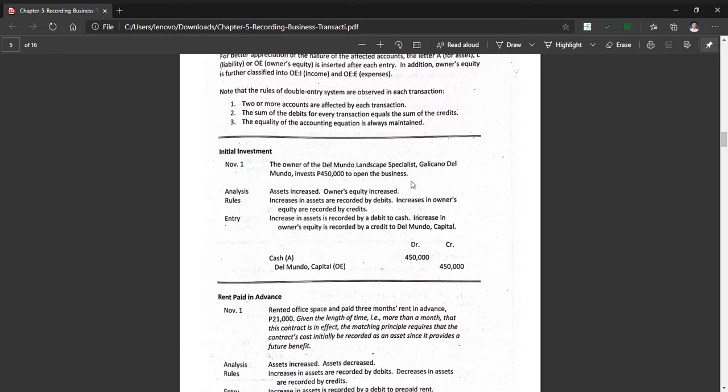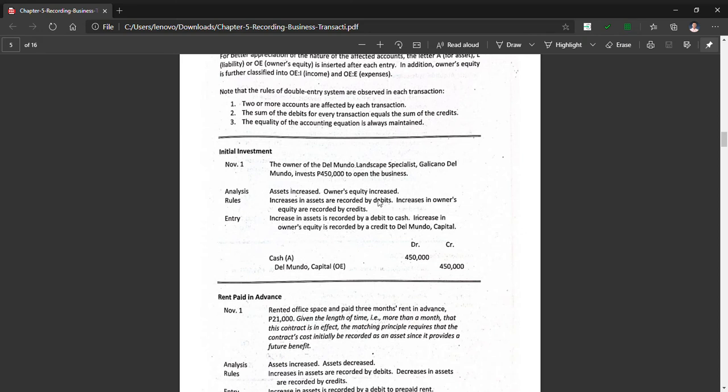So, the analysis for this transaction, nag-increase ang asset kasi nga meron siyang increase in cash. Tapos nag-increase din ang capital kasi nag-invest si Del Mundo. So there is an increase in asset and increase in owner's equity. Rules, okay? Yung rules kung ano ba, debit ba or credit. So increases in assets are recorded by debit.